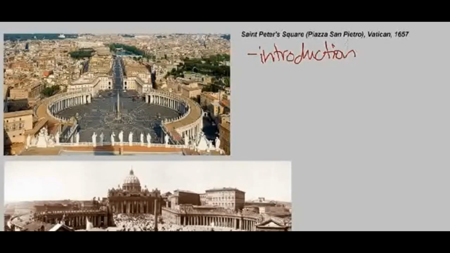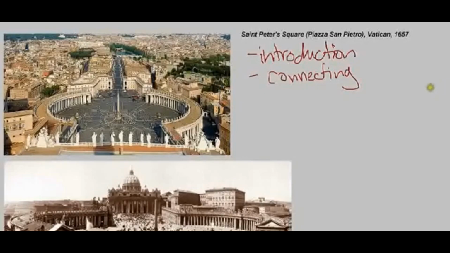And the piazza really connects the space outside of the basilica to the basilica itself with these curved colonnades, right here and here. So it's connecting interior and exterior space.